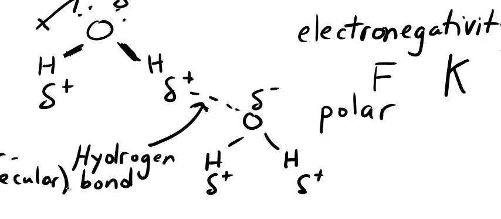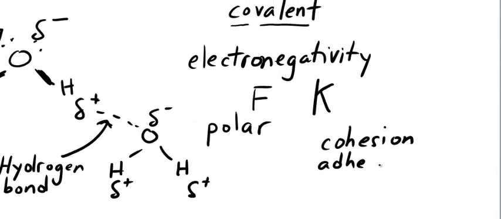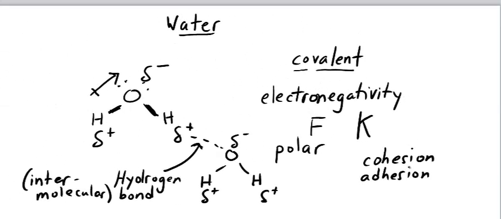And so it keeps water molecules attracted to other water molecules, which explains some of water's properties like high surface tension and cohesion. Cohesion means how water molecules stick to each other, and adhesion, which means that water molecules will be attracted to other things.